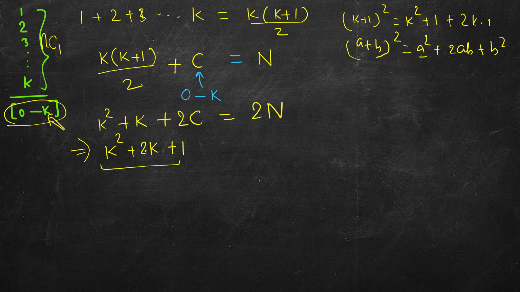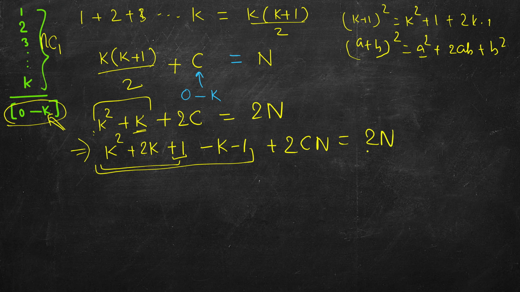So here we have added one extra k, so subtract 1k. So this total remains k equal to earlier. So we added 1k and subtracted 1k. That does not change anything. Then we added 1 here, so subtract 1 here. So this term remains same as this term. And then we are left with 2c. And right hand side is 2n.